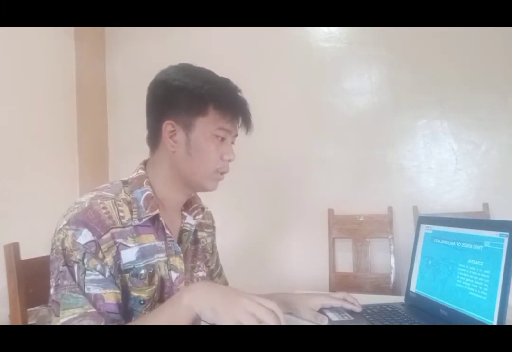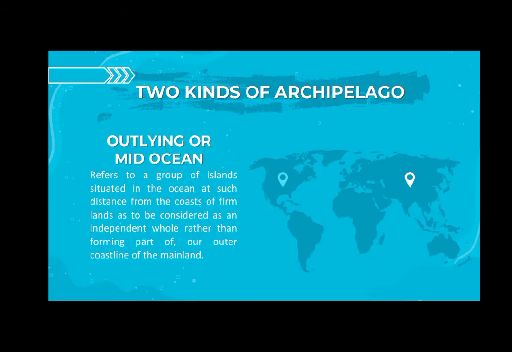First is the coastal. Coastal refers to a group of islands situated so close to a mainland that they may be considered a part thereof, forming more or less an outer coastline from which it is natural to measure the marginal seas. That is the first kind of archipelago, coastal. Remember that. Second is outlying or mid-ocean.